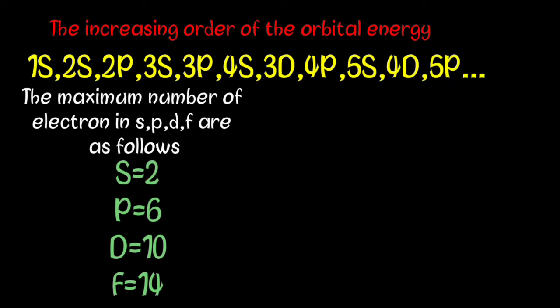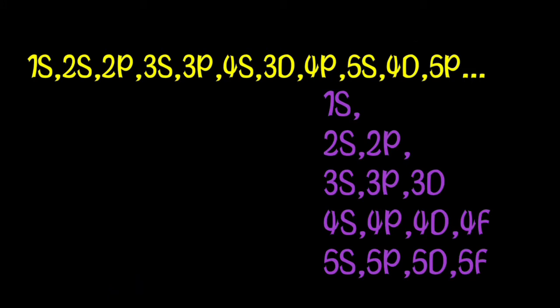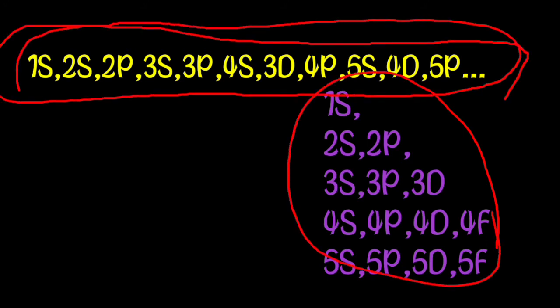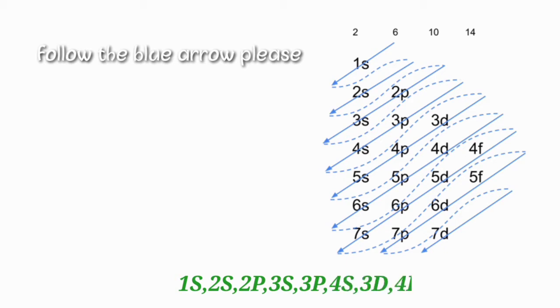Another way of doing this is this. Whether you are to know it by this or this, just note the arrangement is always 1s, 2s, 2p, 3s, 3p, 4s, 3d, 4p, 5s, 4d, 5p.